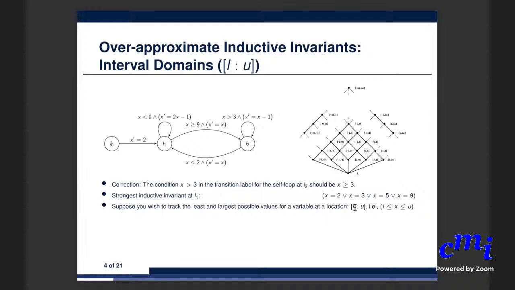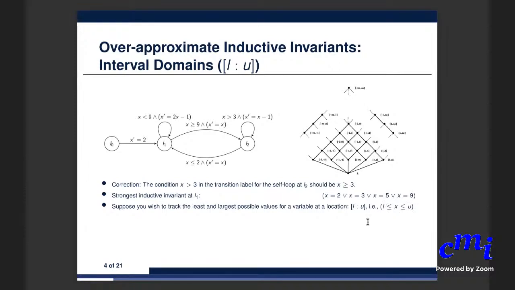Okay, so you don't care about the actual values, but you only care whether it is anything between a lower bound and an upper bound, which could be different for different locations. So these kinds of inductive invariance correspond to predicates which have this linear inequality shape, with some lower bound and upper bound.